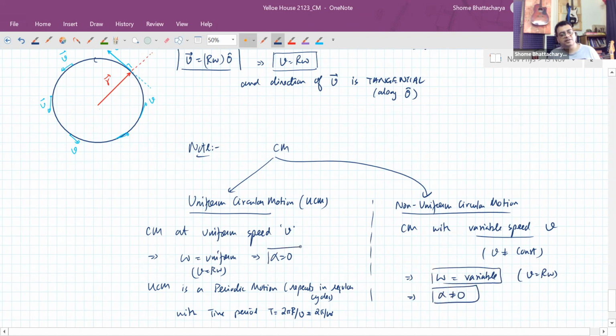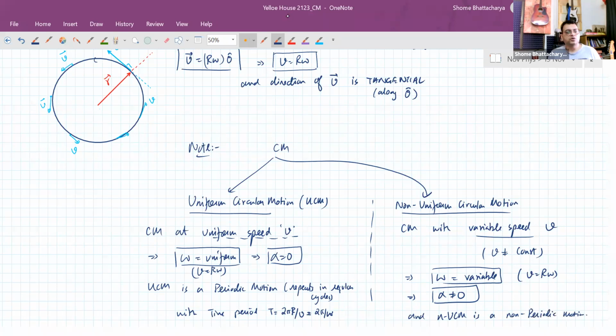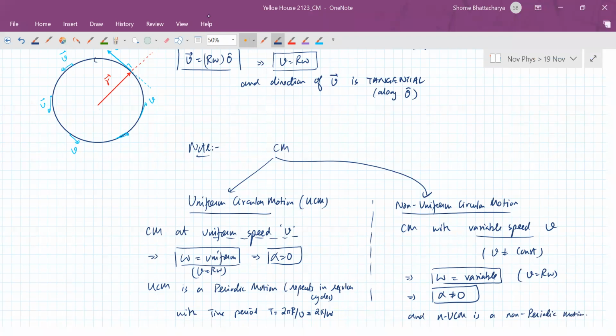Whereas here you can see alpha by definition is 0 and omega by definition is uniform because it's at a uniform speed. Okay, and therefore non-uniform circular motion is a non-periodic motion. It does not repeat in regular cycles. So this is something important to keep in mind, the definition of uniform versus non-uniform circular motion and their properties. So just make a quick note of this because next thing we are going to discuss is about acceleration. So when we discuss about acceleration, it's important to be able to classify these two different types of circular motions, uniform and non-uniform.